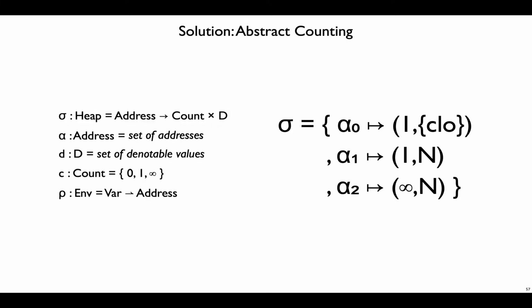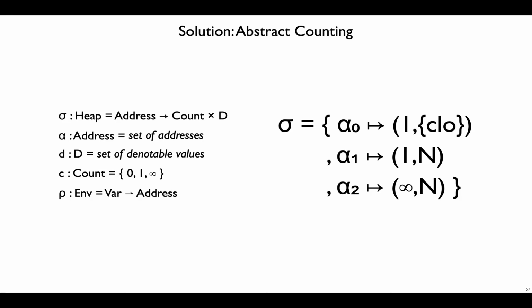Abstract counting is capable of maintaining whether each abstract allocation corresponds to 0, 1, or multiple concrete allocations, represented here by 0, 1, and infinity, respectively.